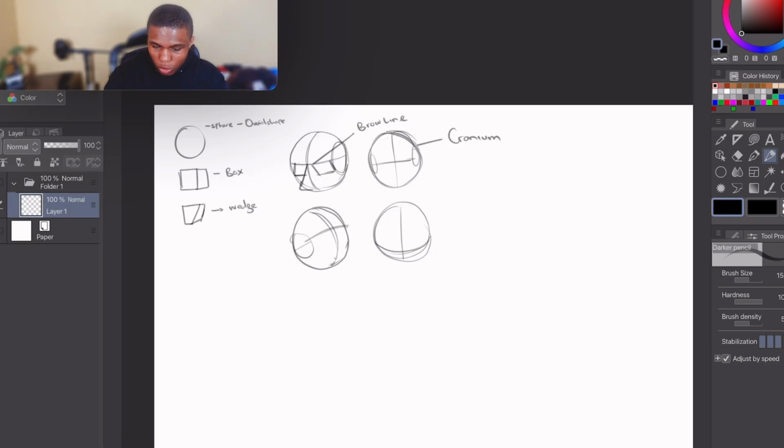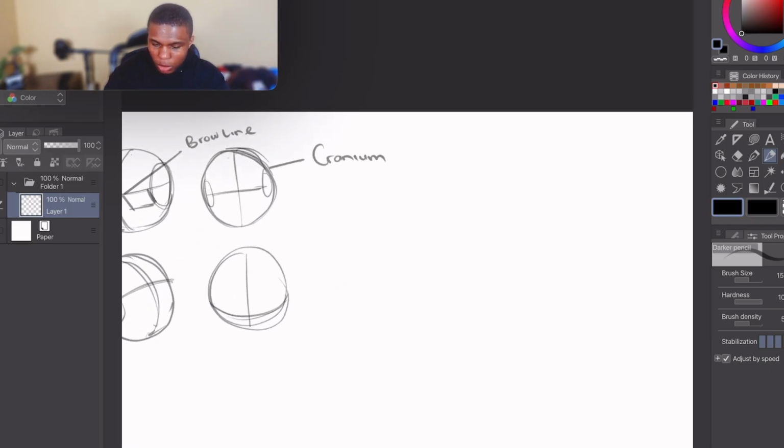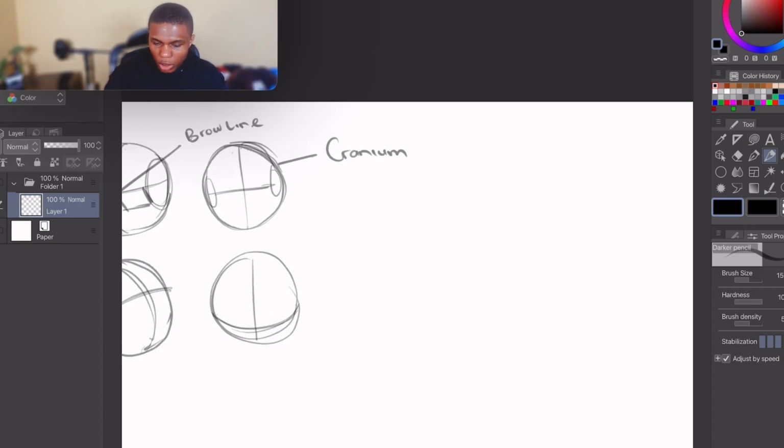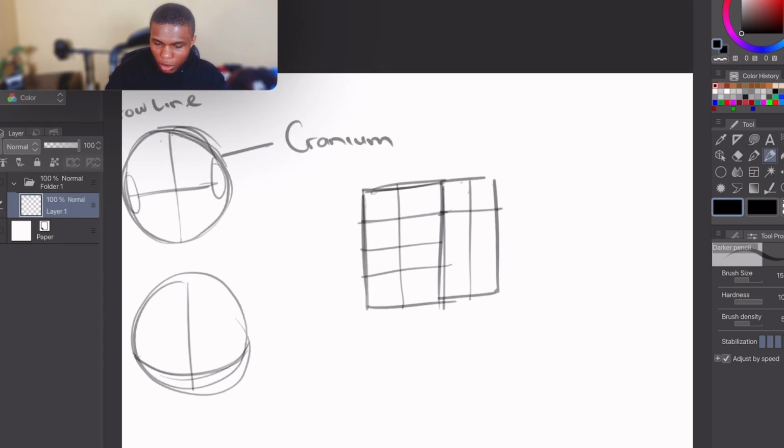The next thing will be to add the box, or the wedge shape. What some people do is that they could just draw the head like a box. This is very helpful. So the head in a three-quarter angle like a box. They place this and they will use this to demarcate the areas of the face.